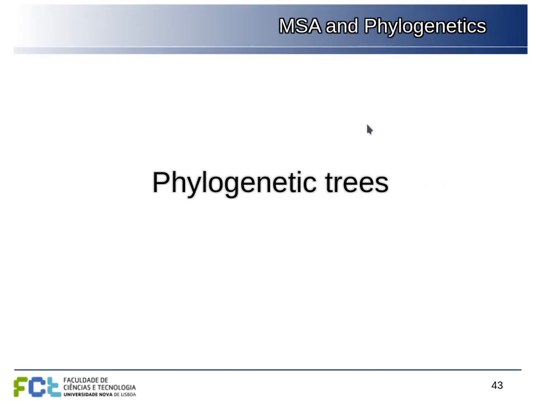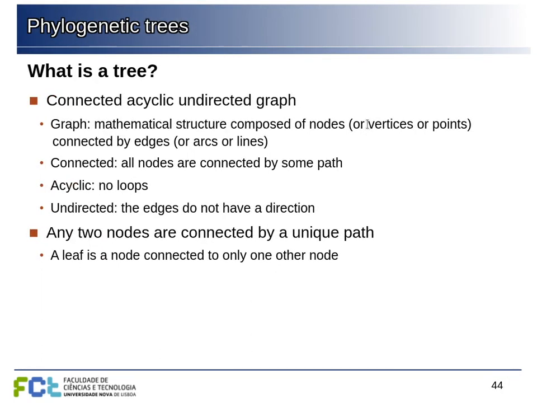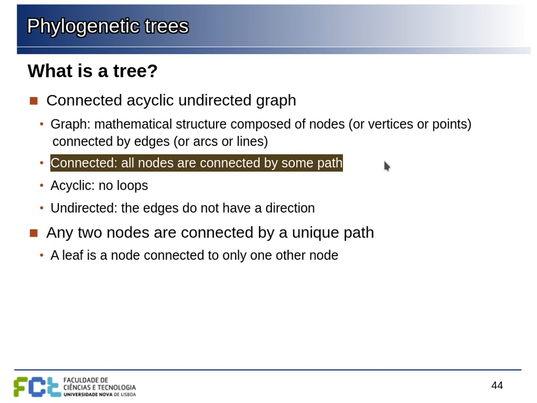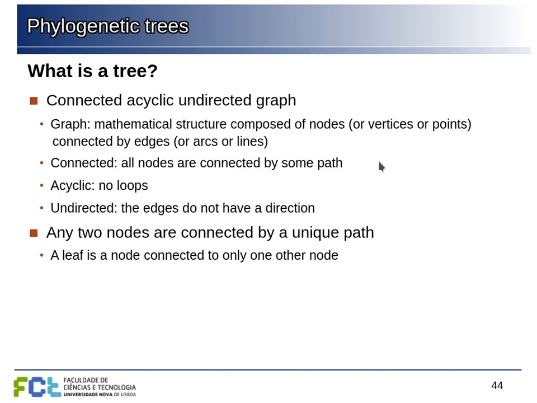So how can we compute phylogenetic trees? The tree itself is a connected acyclic undirected graph. So this seems like a big mouthful, but basically a graph in mathematics is a structure that is composed of nodes and edges which connect the nodes. This is all connected because there is always some path between any pair of nodes in a phylogenetic tree. There are no loops, so it's acyclic, and it's undirected.